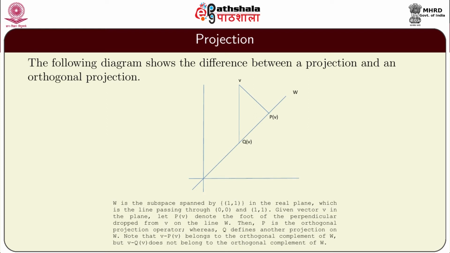So, in the picture, W is the subspace spanned by the vector (1,1) in R2, which is the line passing through (0,0) and (1,1), and given v in R2, the point Pv denotes the foot of the perpendicular drop from v on the line W, and therefore P is the orthogonal projection, whereas the point Qv that you see on W is coming from another projection Q. Now, they are indeed different, which can be seen from the fact that v minus Pv is actually in W perp, but v minus Qv is not in W perp.